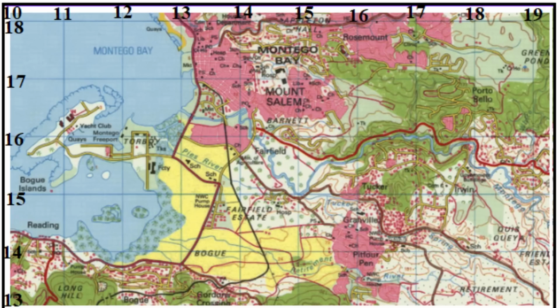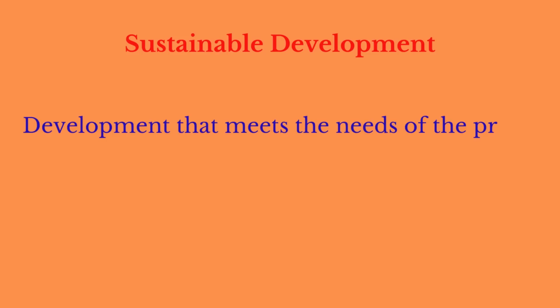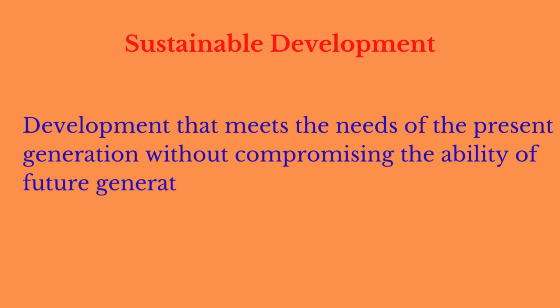All right. In order for that to happen, we need to carry out what is known as sustainable development. Sustainable development may be defined as development that meets the needs of the present generation without compromising the ability of future generations to meet their own needs.